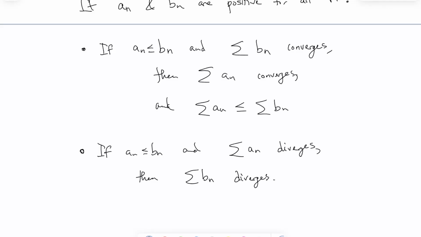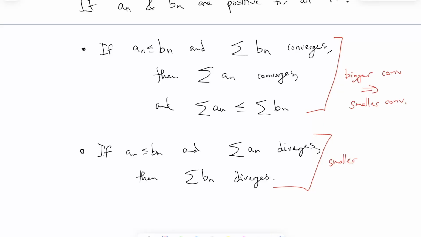So if you were reading this informally, this one here means bigger converges implies the smaller converges. And this one is kind of the other way around, and you have to just remember and keep it straight. The smaller diverges implies the bigger diverges. All right? This is called the comparison test. Really, it's kind of two different things together.